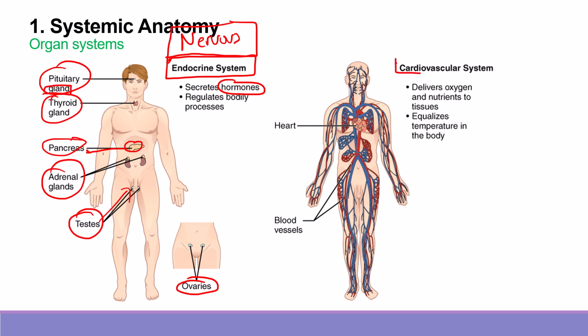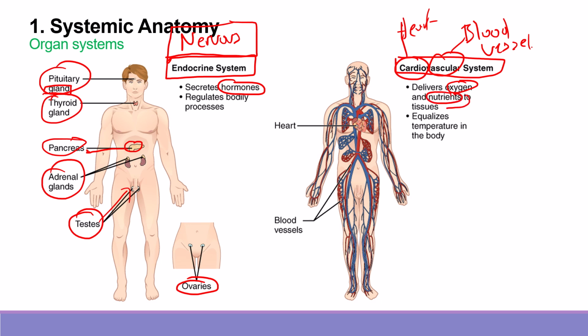Another system that we cover is the cardiovascular system. As the name implies, cardio means heart and vascular means blood vessels. Essentially, the cardiovascular system is all about how your body is able to move blood to deliver oxygen and nutrients to the tissues.